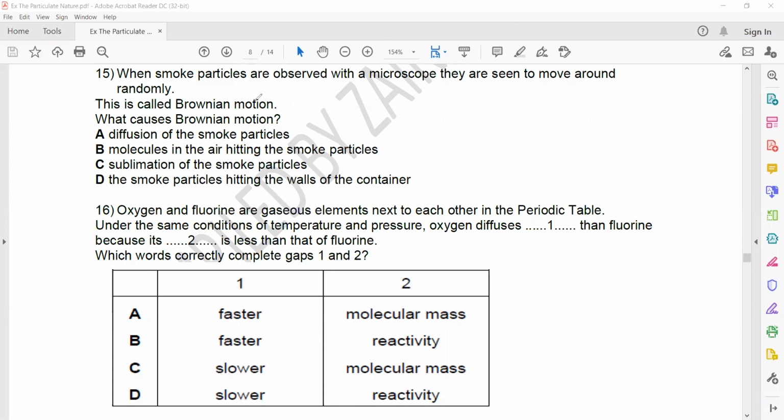What about question 16? Question 16. Oxygen and fluorine are gaseous elements next to each other in a periodic table.